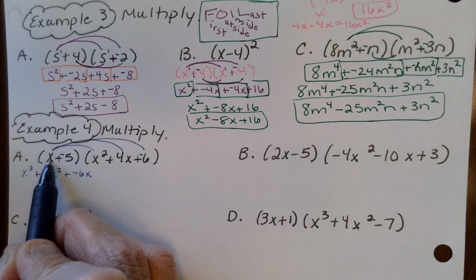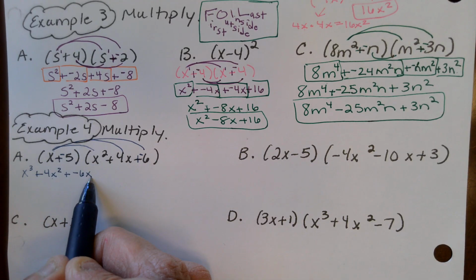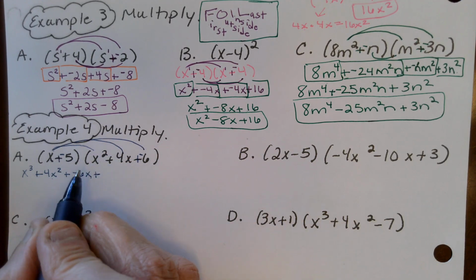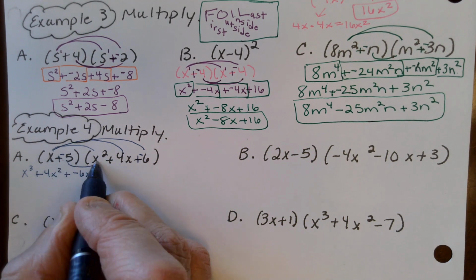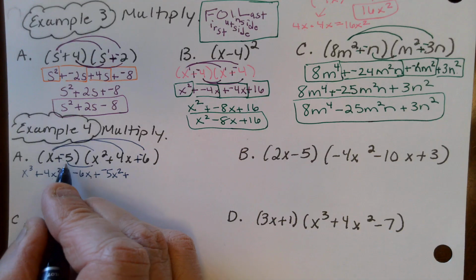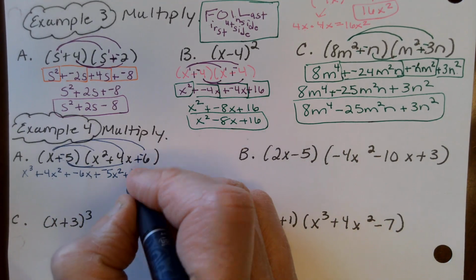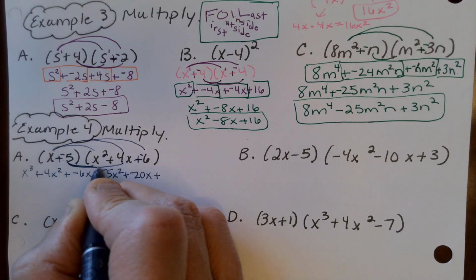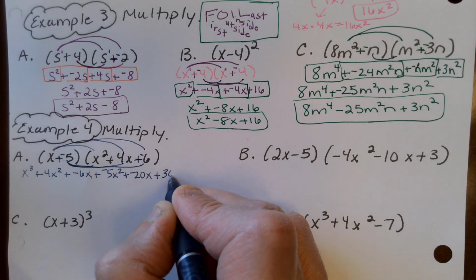So that's this term, 1, 2, 3. I did all three of them. Now I'm going to move to the -5 and do the same thing. So plus, -5 times x squared is a -5x squared, plus -5 times 4x is a -20x, plus -5 times the -6 is 30.